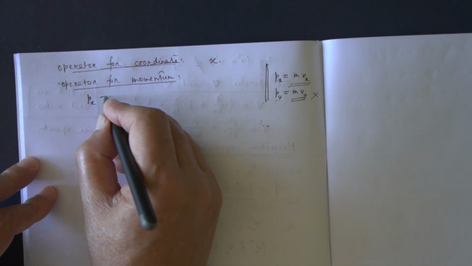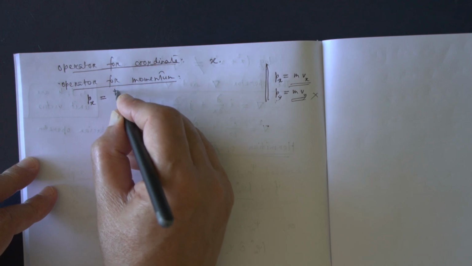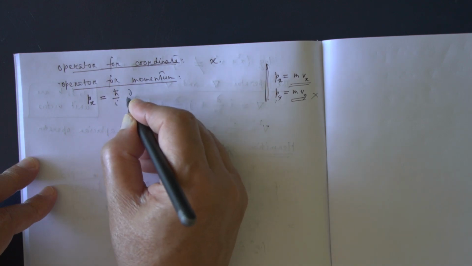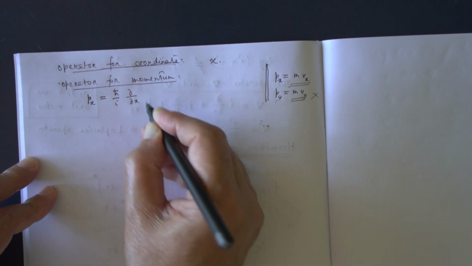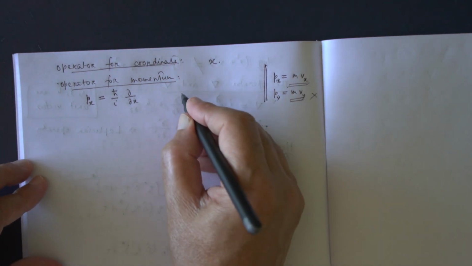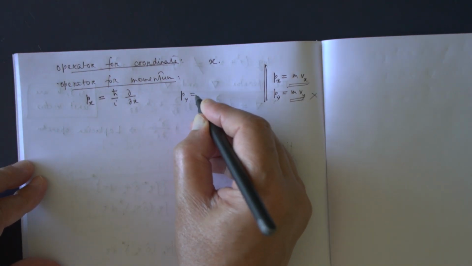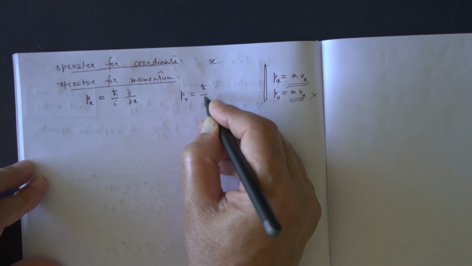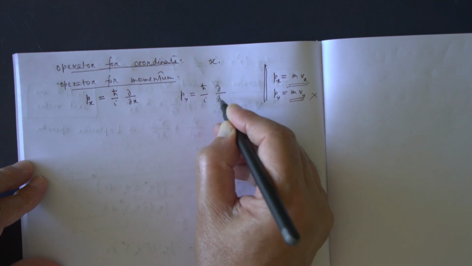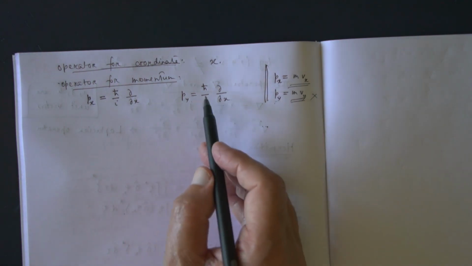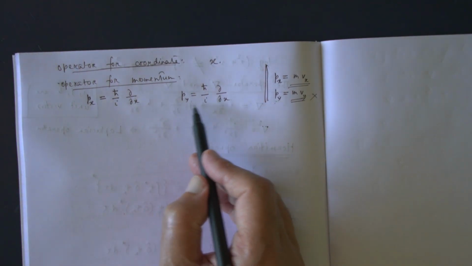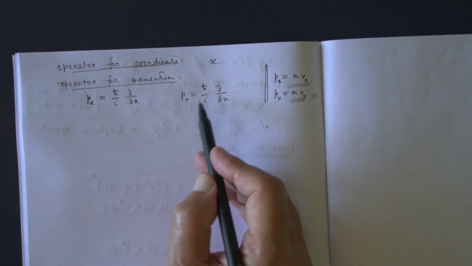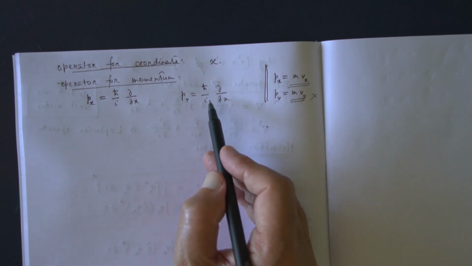So in quantum mechanics we write the x component of momentum like this: h bar by i del x. The y component of momentum: h bar by i del y. And similarly the z component: h bar by i del z. So you remember this. How do we get this? I am not going to discuss all those things.